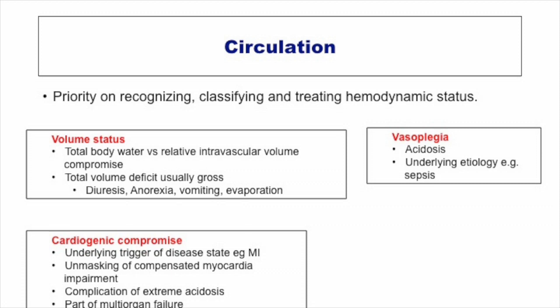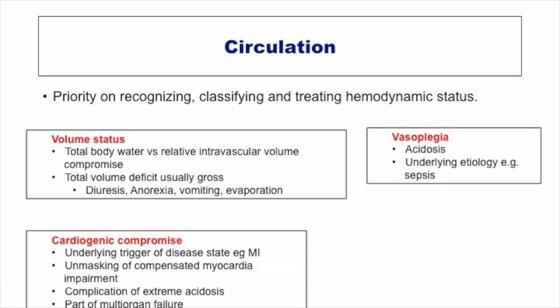Okay, so volume status. Remember, there's total body water. Then there is relative intravascular volume compromise. Dehydration and hypovolemia are related, but they may be different. Dehydration chiefly, by definition, means you are hypernatremic, meaning you've lost free water.